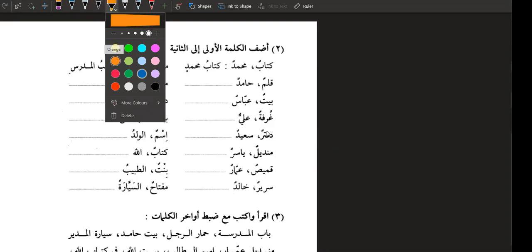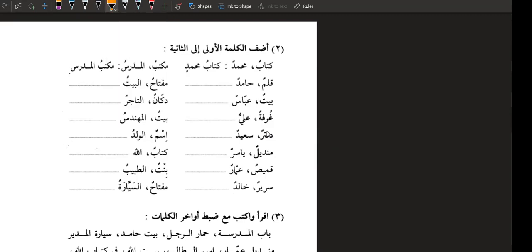طيب. So التمرين الثاني أضف الكلمة الأولى إلى الثانية. So what it's saying is join the first word to the second word. So here kitab will be the first word and Muhammad is the second word.